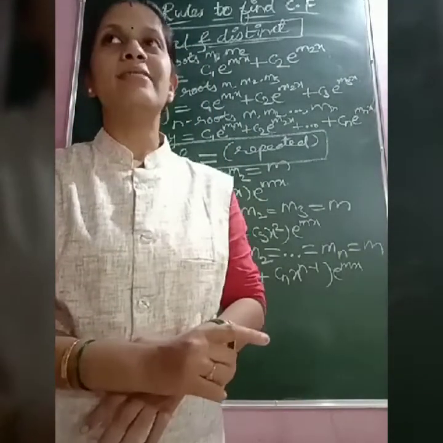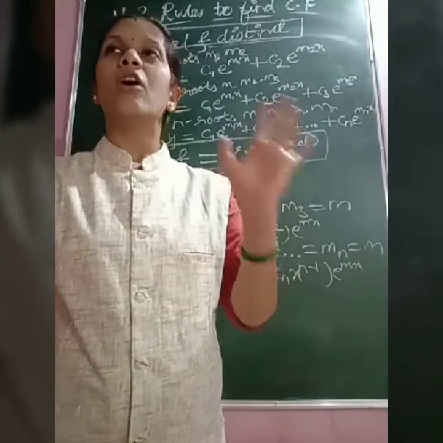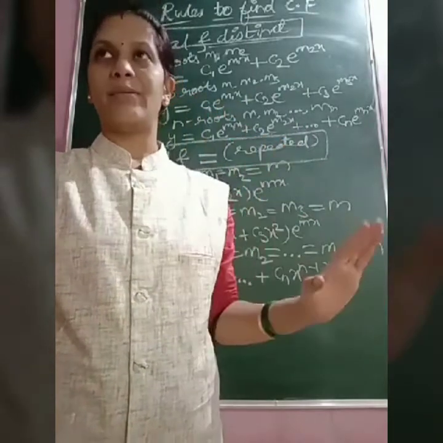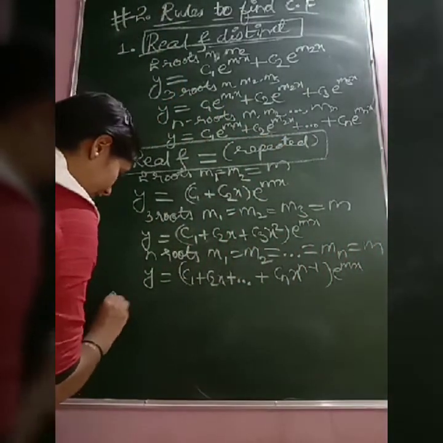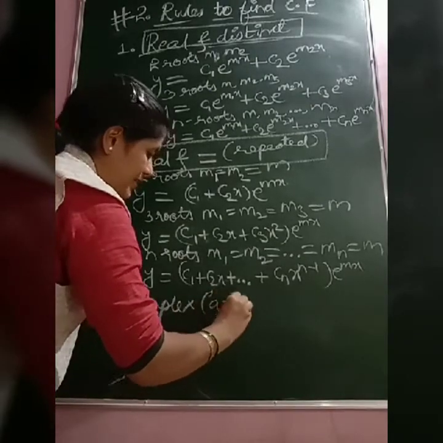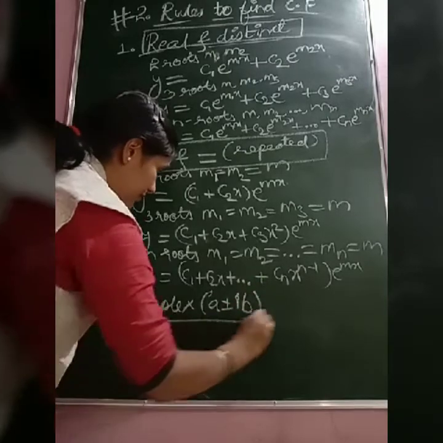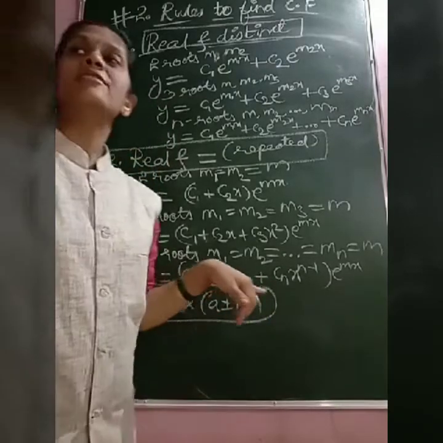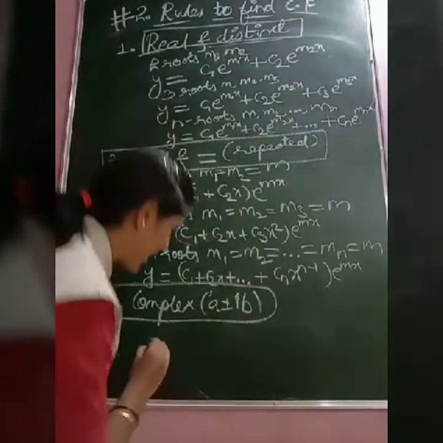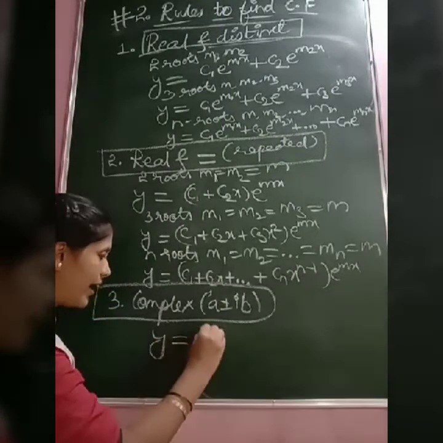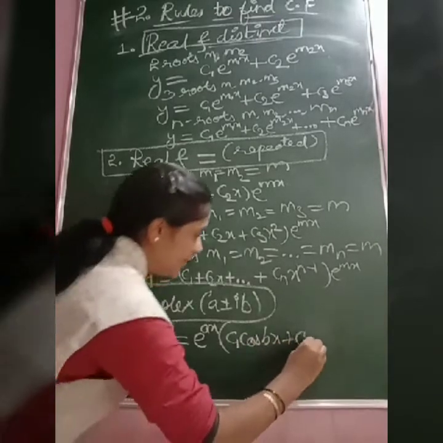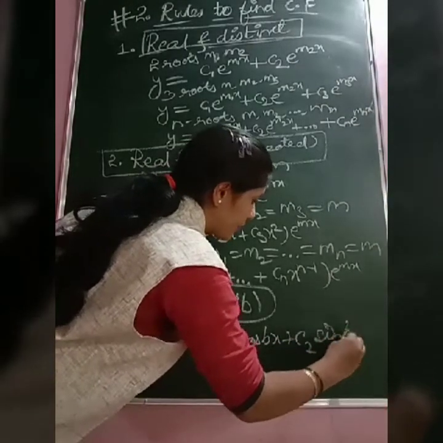Now what about case 3? Case 3 is nothing but complex or imaginary roots, or you can call that a plus or minus ib form. When it is complex, then CF can be written as y equal to e raised to ax, c1 cos bx plus c2 sin bx.